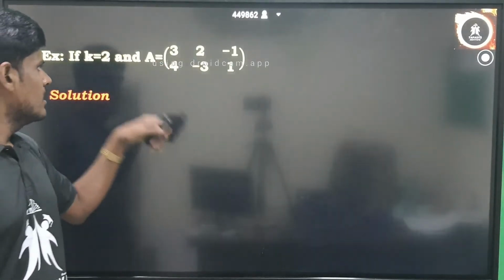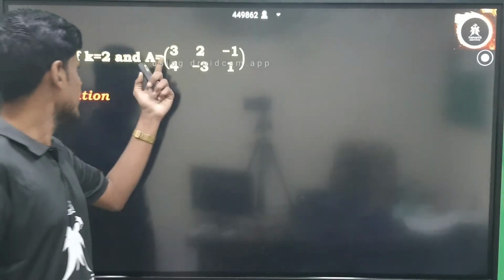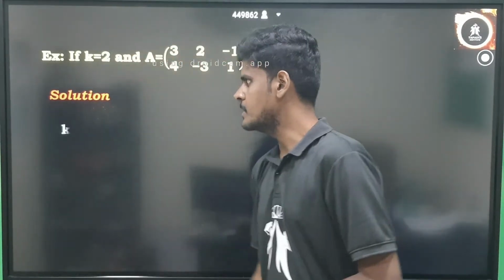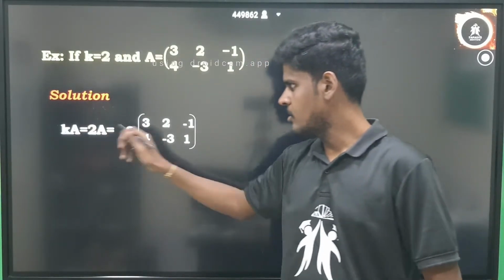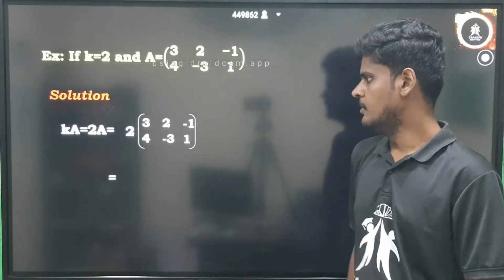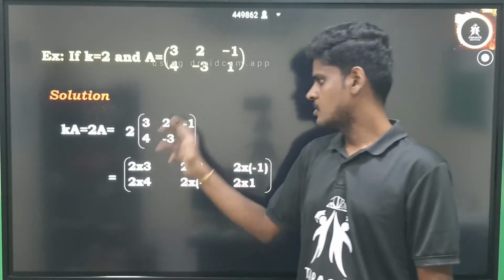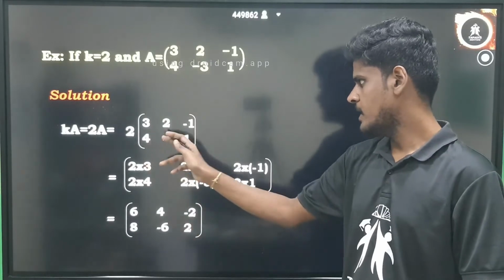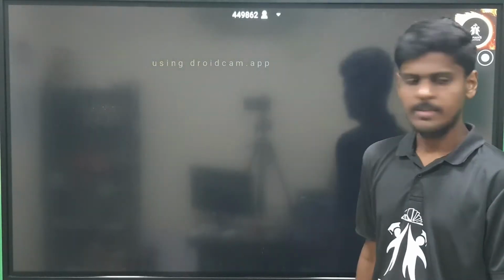What is kA? Find 2A. That is nothing but multiply 2 to all the elements. kA equal to 2A. That is nothing but 2 times of this value, which is 2 into 3, 6, 4, minus 2, 8, minus 6, 2. Easy question.